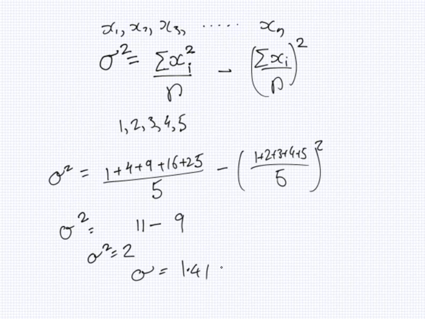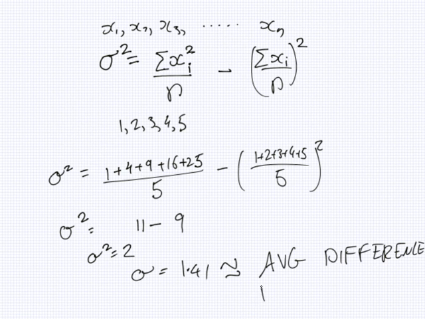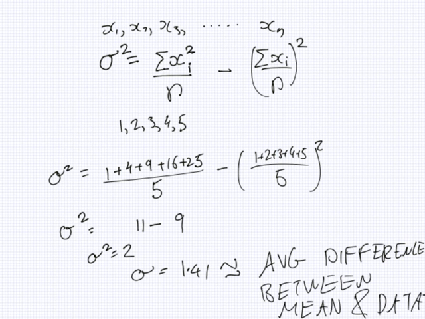So this is roughly equal to the average difference between the mean and the data. Roughly. It's not exact, but if you make the data bigger, with more points, you maybe won't be surprised to know that this actually gets closer and closer.